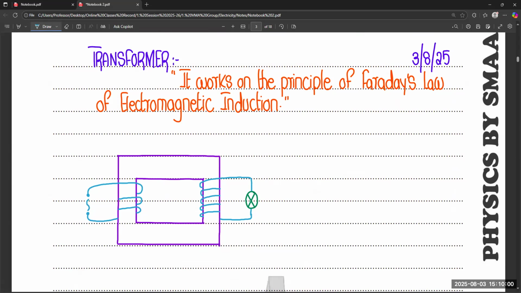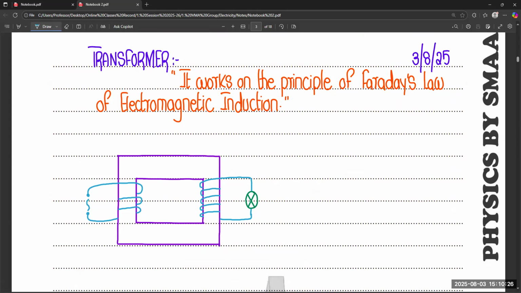And one more thing we notice is that on the left hand side, we have fewer turns of coil. On the right hand side, we have more turns on the coil. This is the difference in the transformer, because with the help of the number of turns, we will get a different voltage in the output. Let's suppose we have more turns on the right hand side, like in the output.